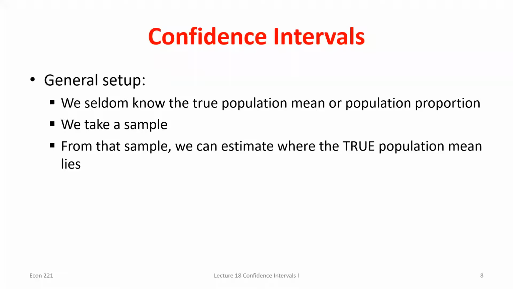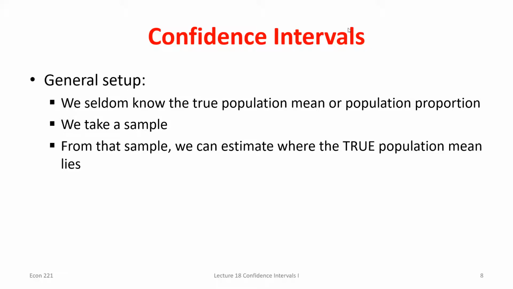Even if the true mean was, say, 45,500, it's not very unlikely that from a sample I see a sample mean of 45,000. That's not very far off.